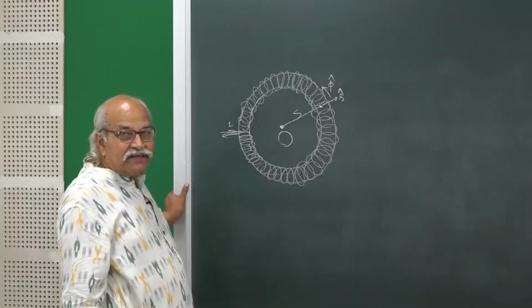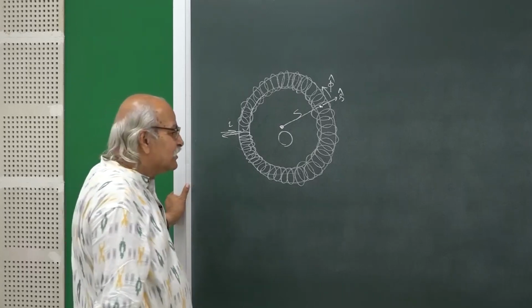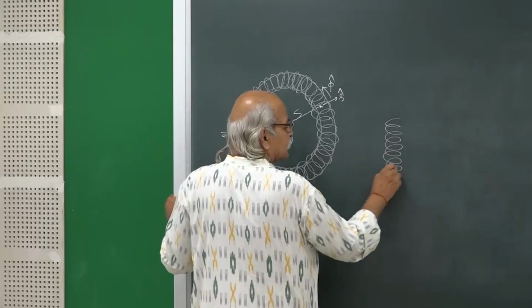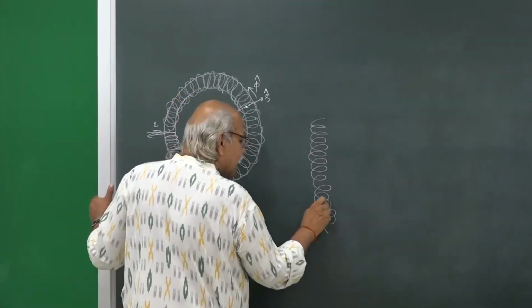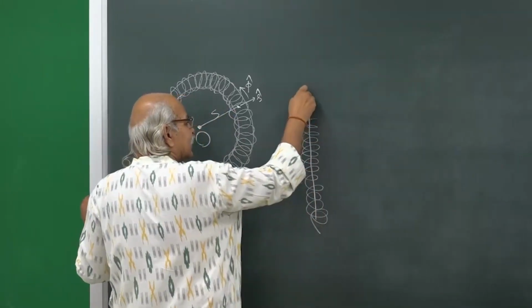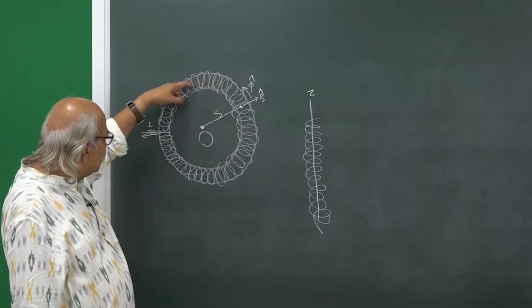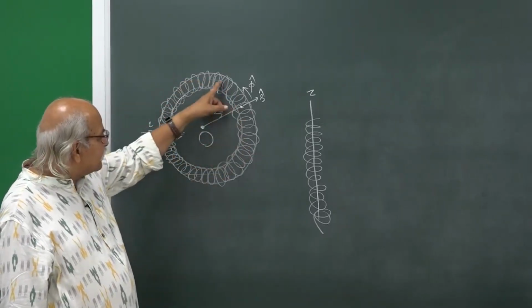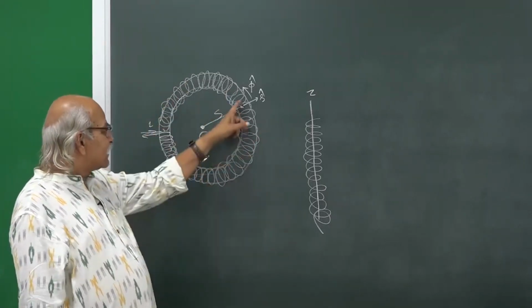So, our axis system is somewhat different from the solenoid. In the solenoid, we had this kind of structure, and we said that the central axis is the Z axis. In this case, the central line is not a straight line, it is a circle, and therefore we cannot take it as the Z axis.